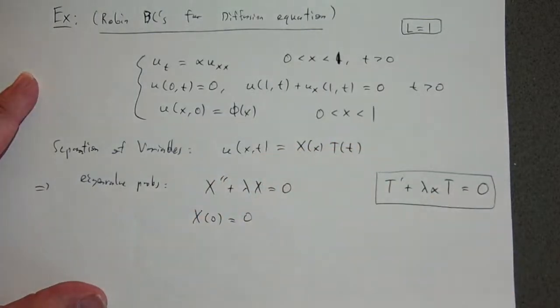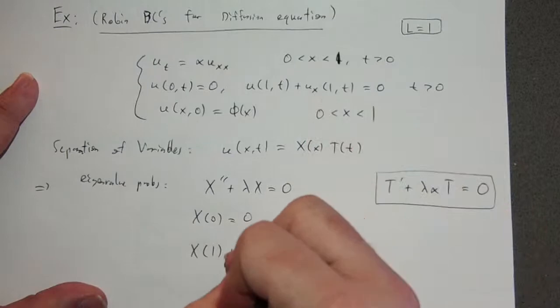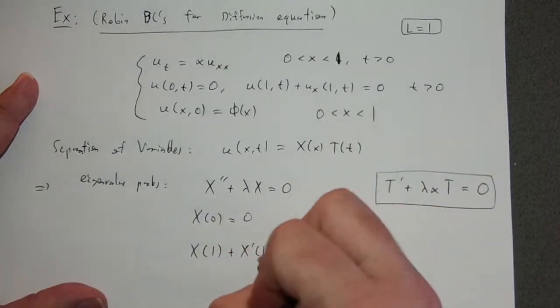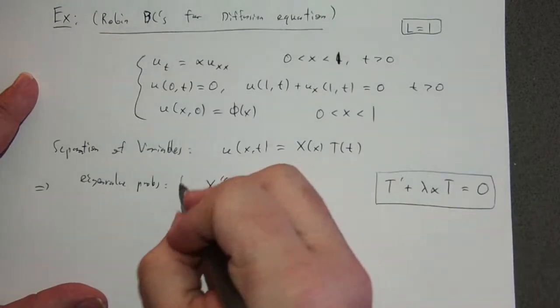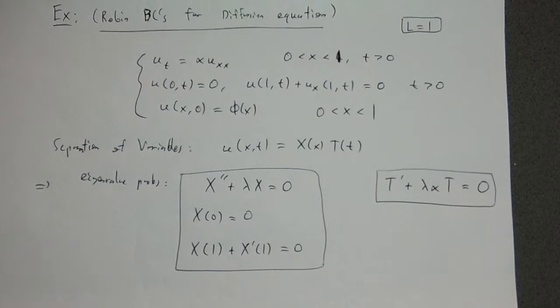That's one of them. But the other one is X of 1 plus X prime of 1 is equal to 0. And so I have this eigenvalue problem.